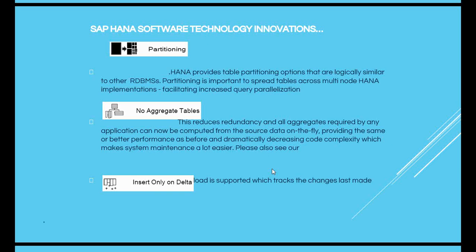Therefore, we need not store any aggregate tables. You can just analyze the data and do the aggregation on the data during design time, and also see the result at runtime. Therefore, once again, to improve the performance, we need not store the aggregate tables. This simplifies the application logic in the application layer.